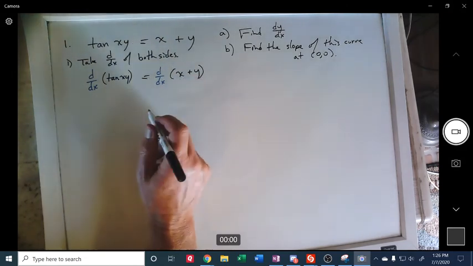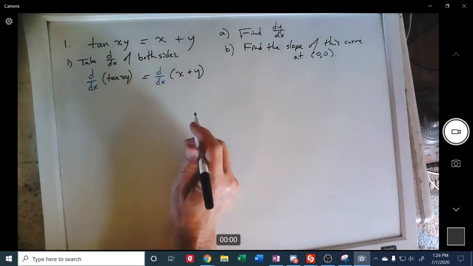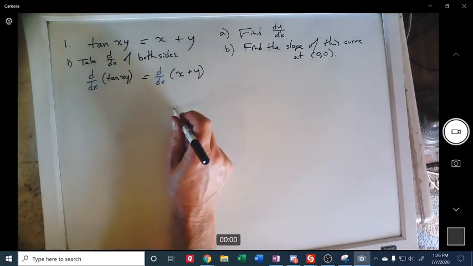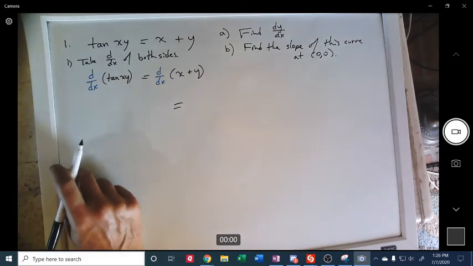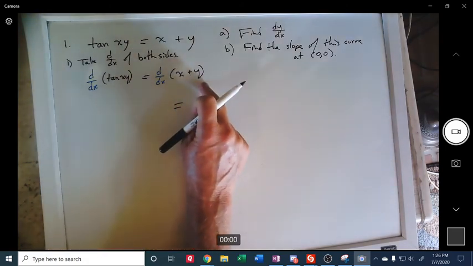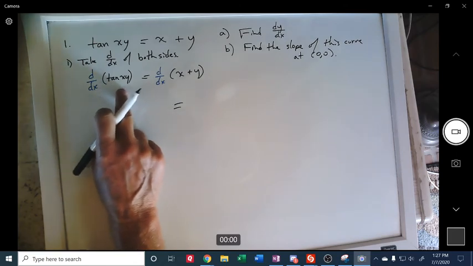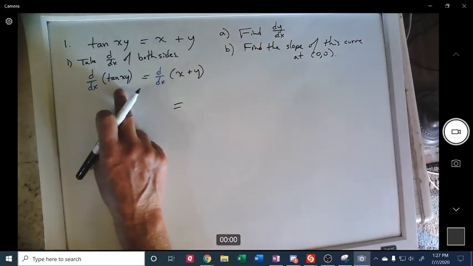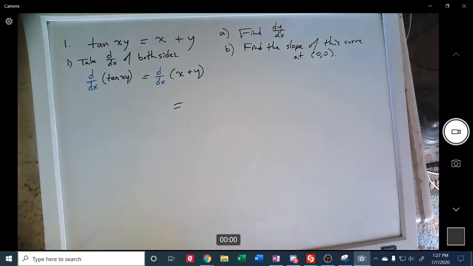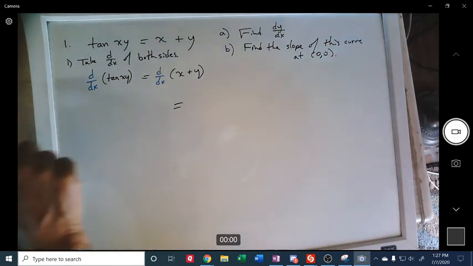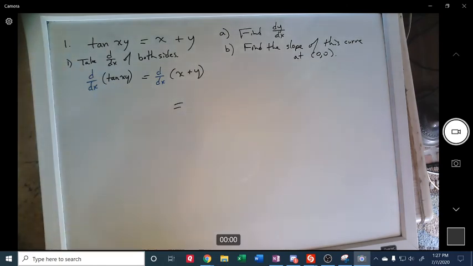Now, the right side is going to be easier to do. So, we'll give ourselves a little room here on the left. Take the derivative of the right side, put your answer here. And then start taking the derivative of the left side, and I'm going to give you a minute to get ahead of me, and then you'll be able to see if you did this part right. But let me give you a minute now.